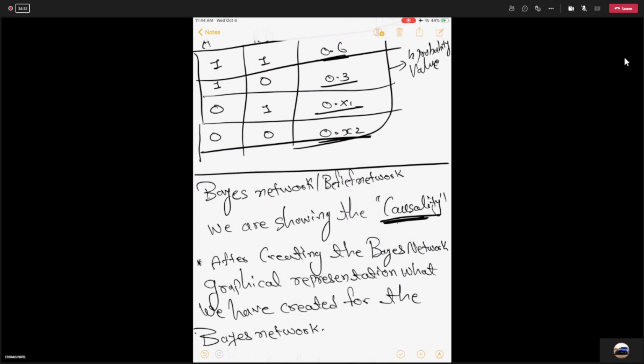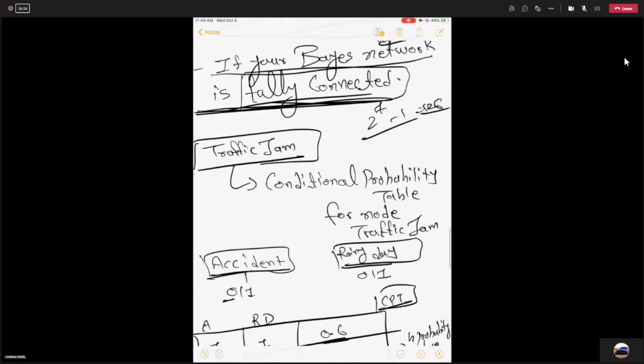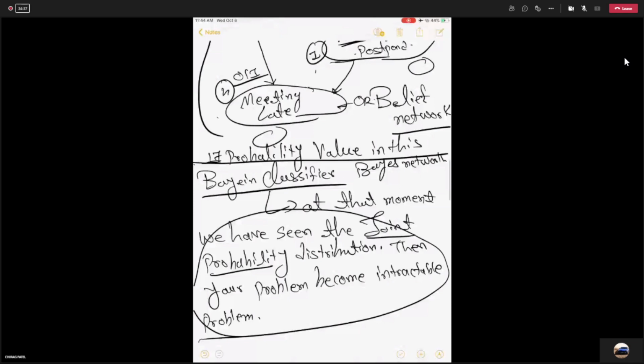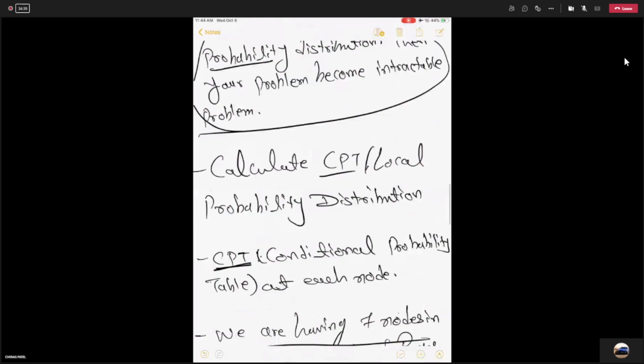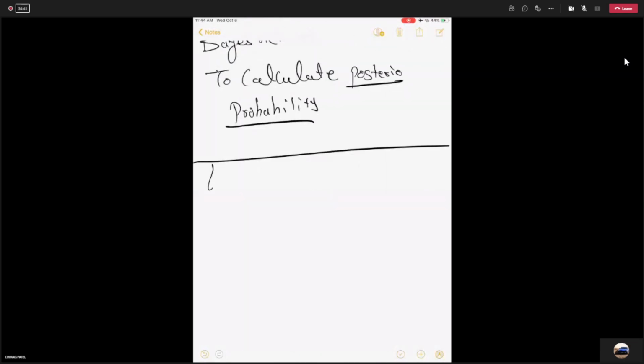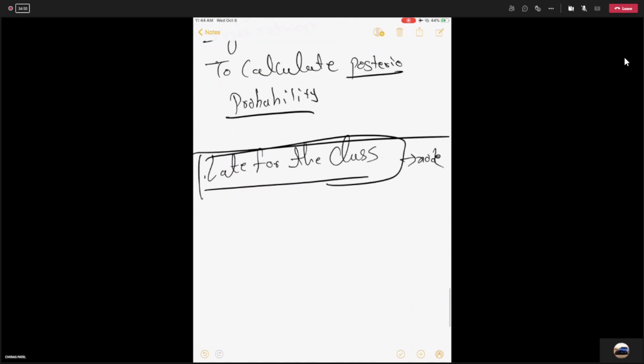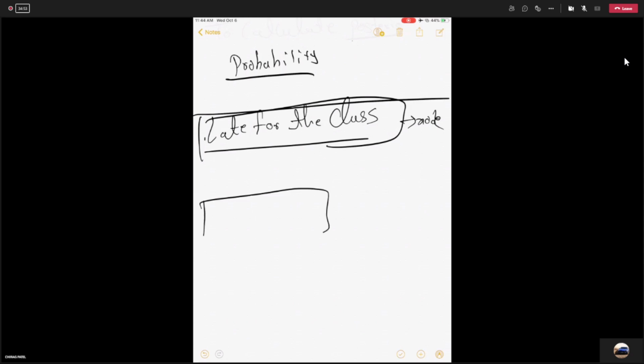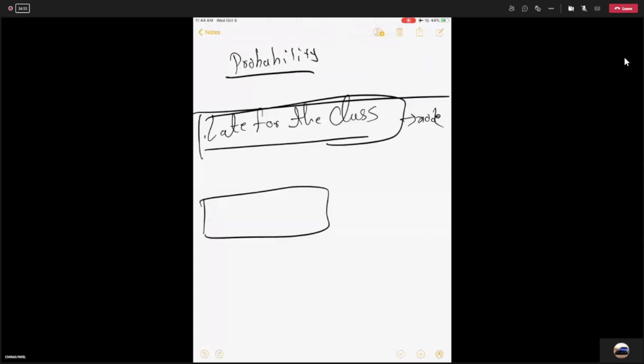If you calculate this for late for the class, it has two parents. This is my node and it's having two parents. One is wake up late and the second is traffic jam.